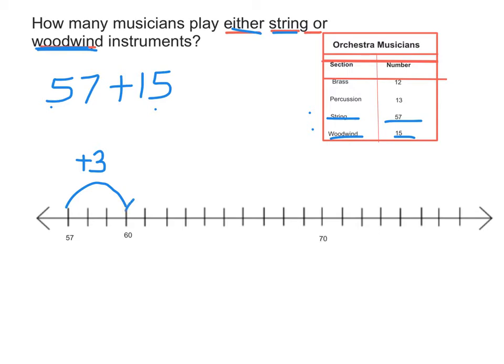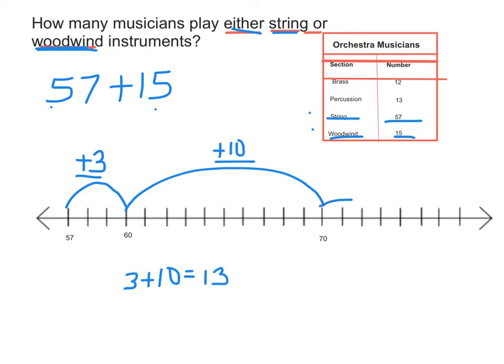Next, if we go from 60 to 70, you know that 60 and then to 70 is plus 10. So far we went 3, then 10. And as you know, 3 plus 10 equals 13. Just 2 more would be 15.